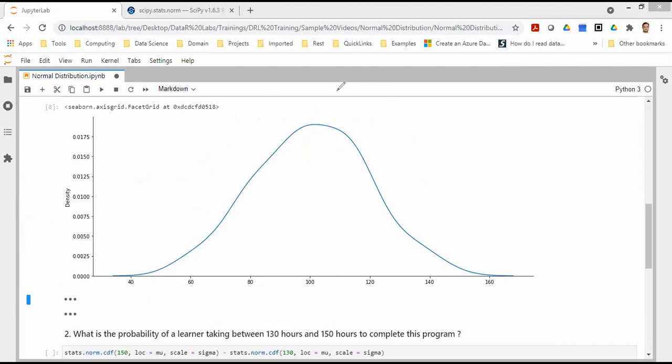Again, I would request you to pause this video and just in your head quickly shade that area which we are trying to capture through this question. Now, the area which we want to calculate this time is this area.